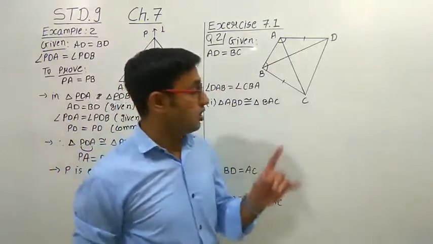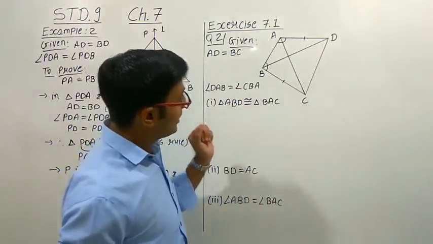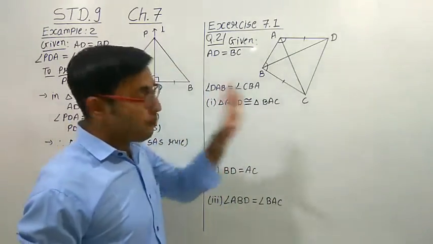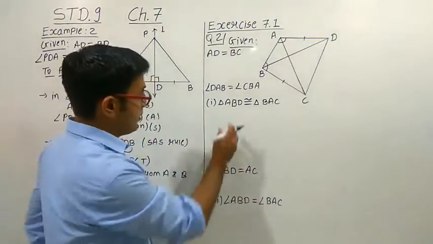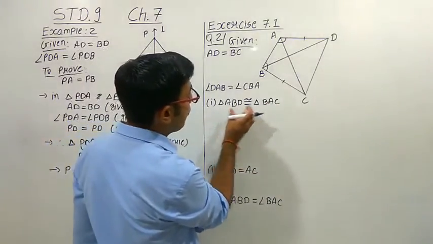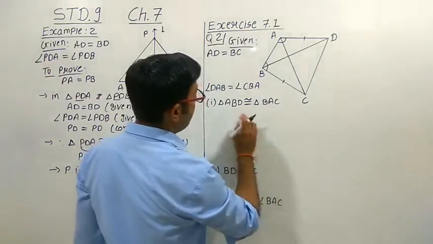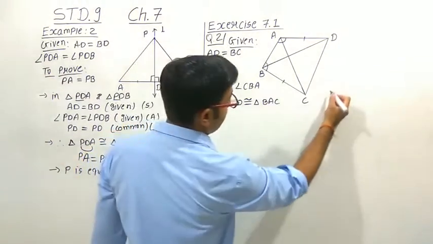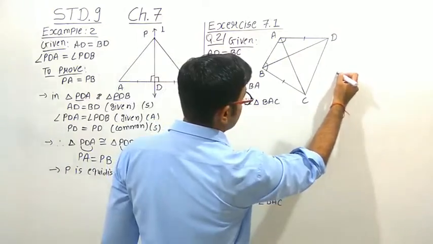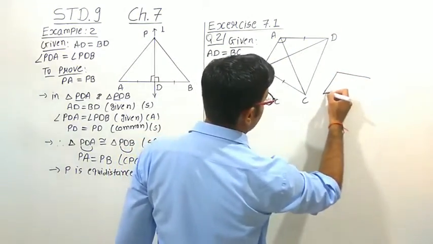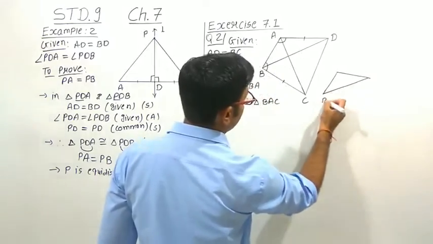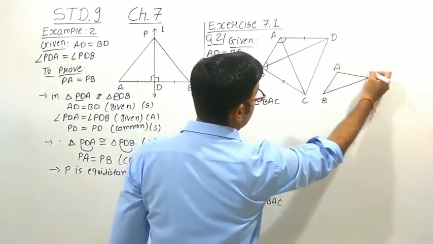If you cannot understand this diagram, you can separate out the triangles given here. If we separate triangle ABD, you only have to draw triangle ABD here. See, the triangle ABD is like this. This is triangle BAD.